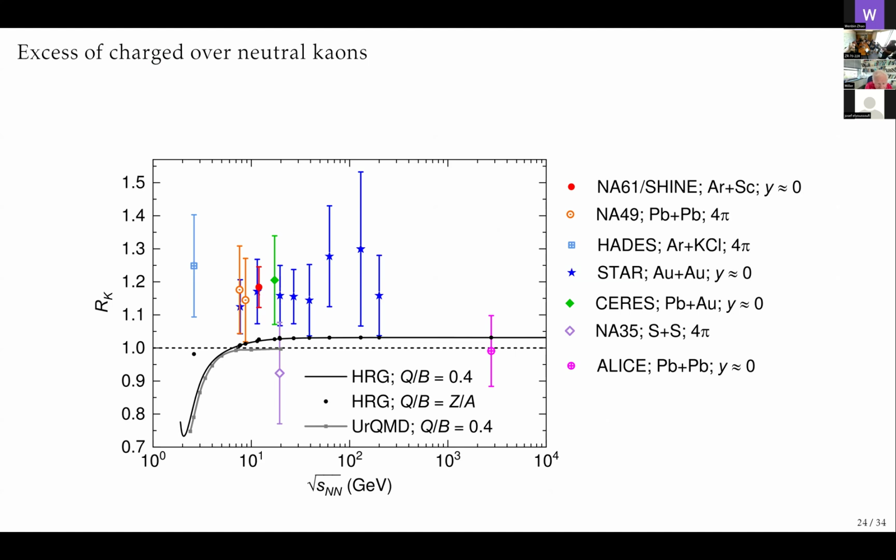And then, as I mentioned, I will show you also the comparison with the hadron resonance gas and UrQMD. And in those analyses, you can actually include the asymmetry Q over B, right? So you can account for the fact that you have more neutrons than protons, and those do agree to a good degree, and we don't have such large enhancements.